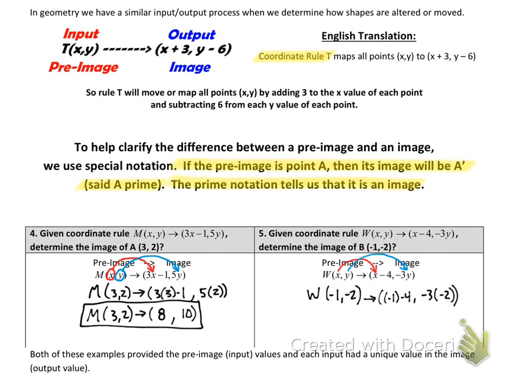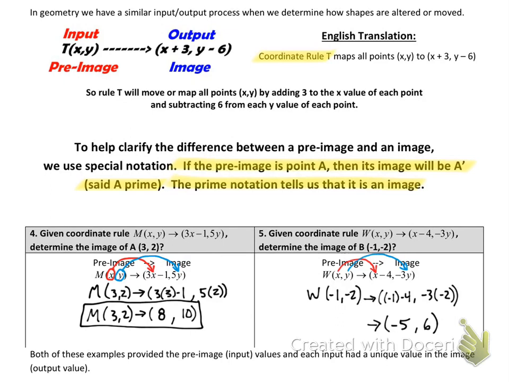But now we can look at our x coordinate right here, which is just -1 minus 4. What is -1 minus 4? -5. And then -3 times -2 is? 6. It's +6.